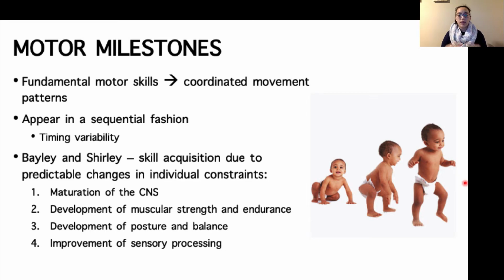And what they found from that study was that the results from Bailey and Shirley were still relatively supported. There were some small age discrepancies for some of the milestones. So while average ages for milestones may be slightly different from what is presented in the table you have to work off of this week, the order in which the milestones appear is still fairly predictable.